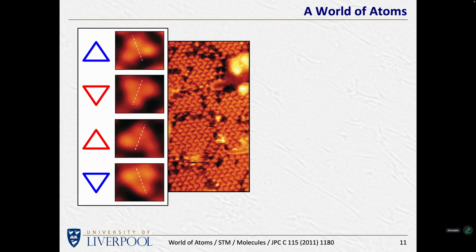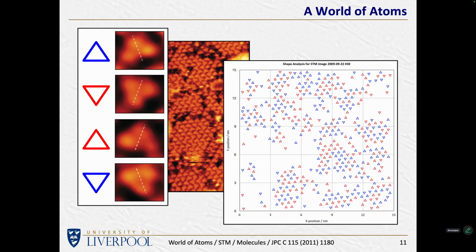And so I wrote software that would look at these surfaces and extract for each of those molecules which way up they are, and is there any particular pattern in the way these molecules are sitting on the surface? It was not clear before we did the analysis whether or not these molecules would prefer to be the blue way up or the red way up or pointing down.